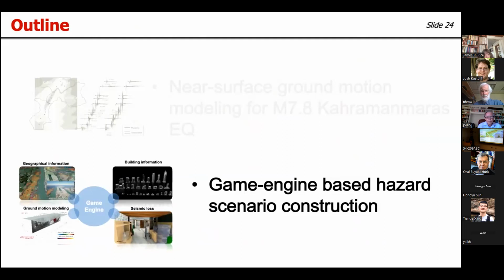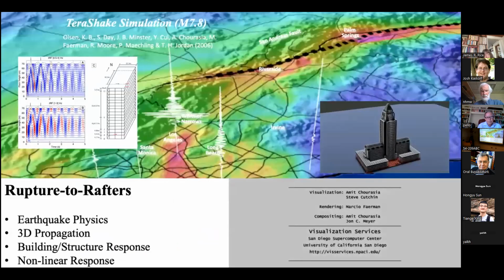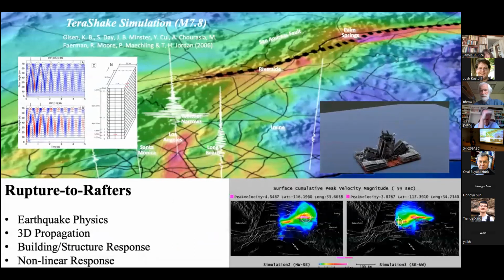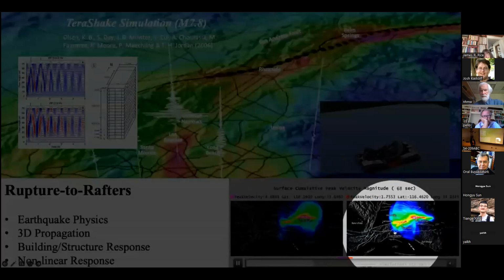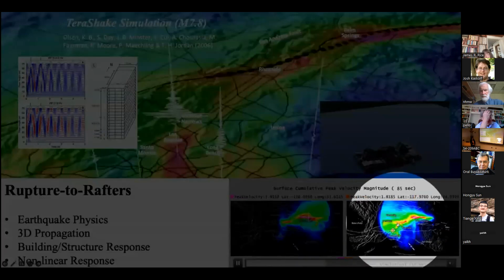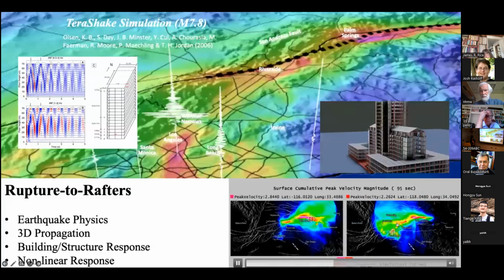The proposal call is due to the fact that people in different areas may work on different simulations separately. For example, scientists working on dynamic rupture modeling only focus on things in the subsurface, how the rupture goes and how the ground motion propagates.